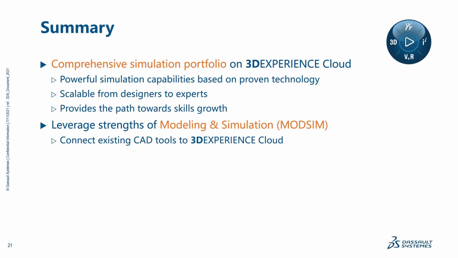So really to have an associative interface, and not only between our tools, so not only, for example, between CATIA or SOLIDWORKS and our simulation tools, but also from external CAD systems, and to have that true associativity. And that's something kind of unique that no other tool can do.